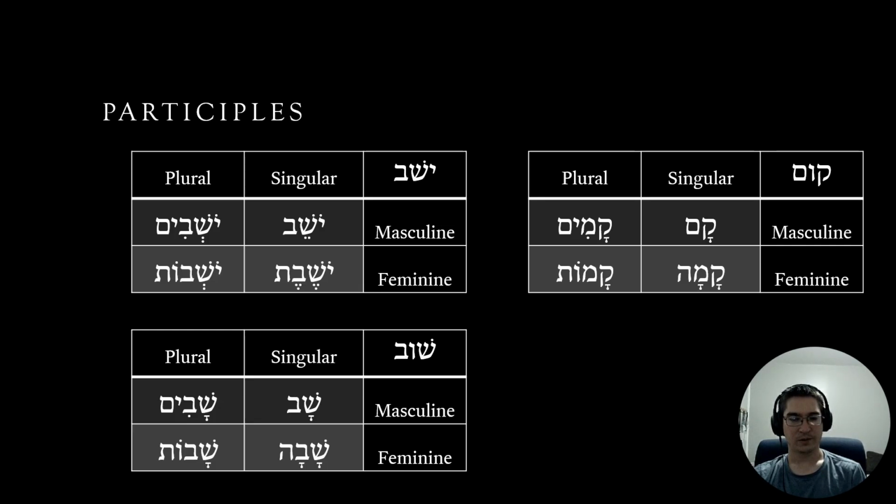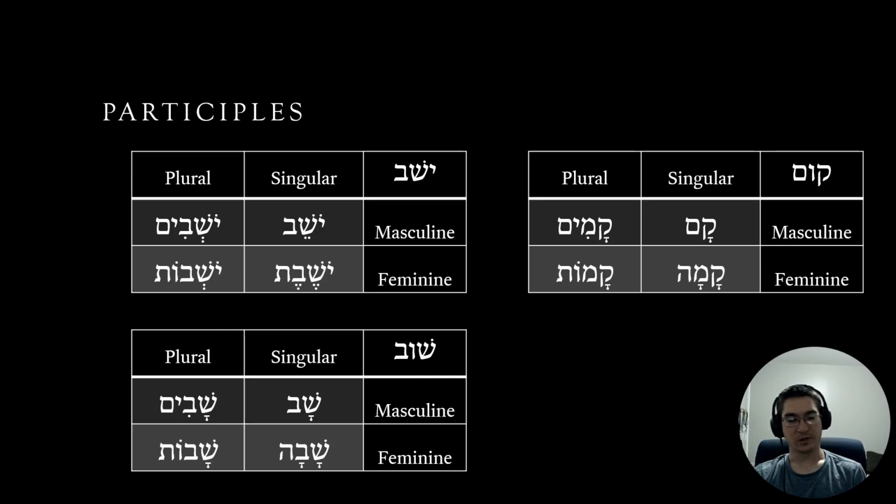We talked in class about weak consonants in Hebrew, certain consonants that tend to disappear when they find an opportunity. And yod is one of those consonants. In the imperative forms, yod was absent. Here in the participles, we see it more clearly.